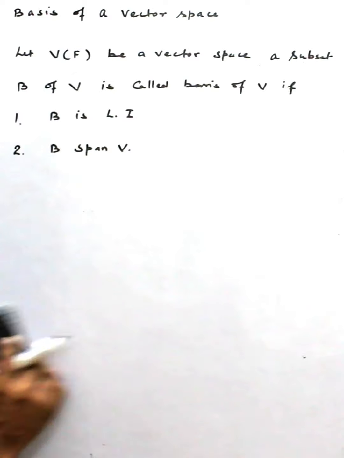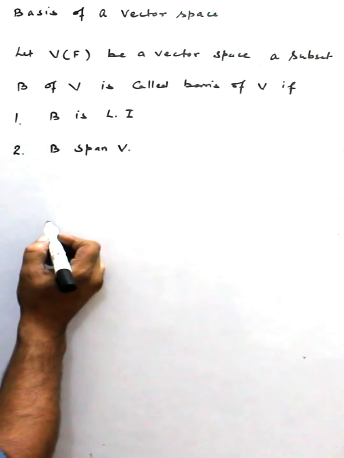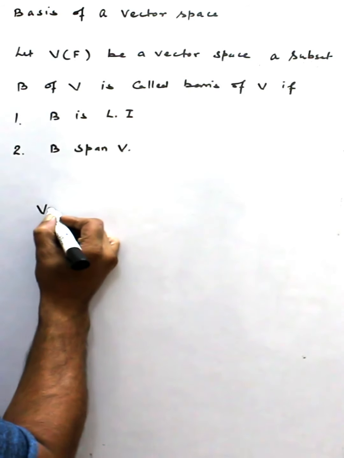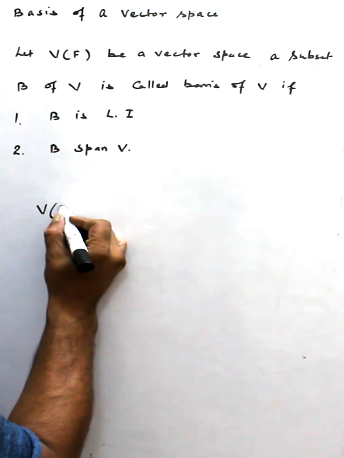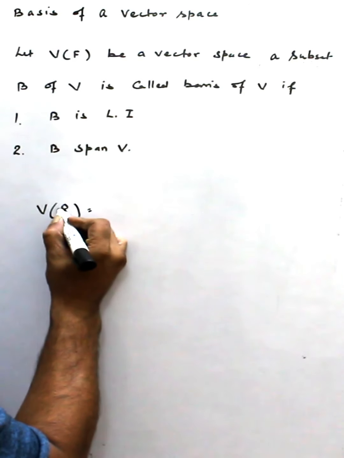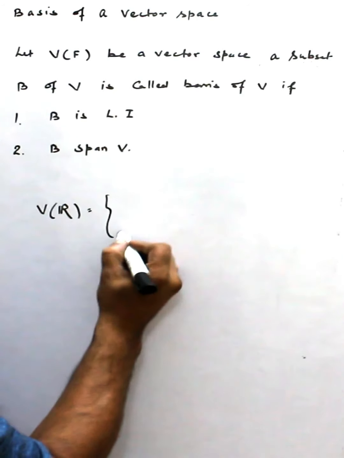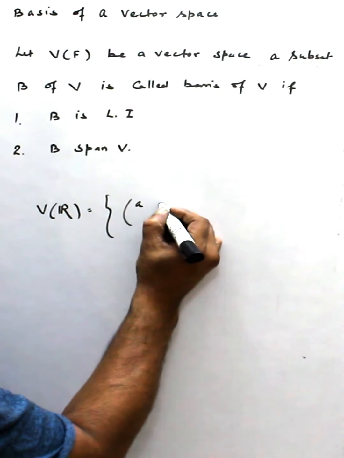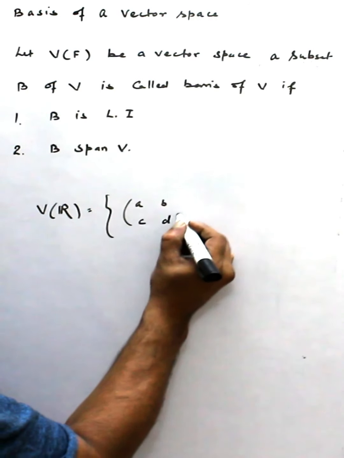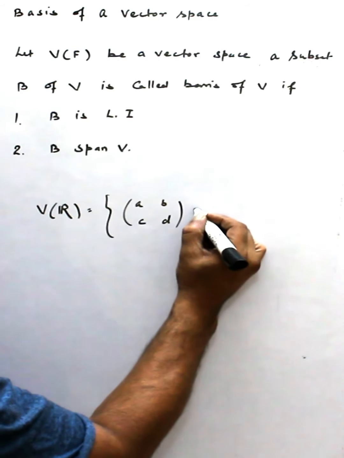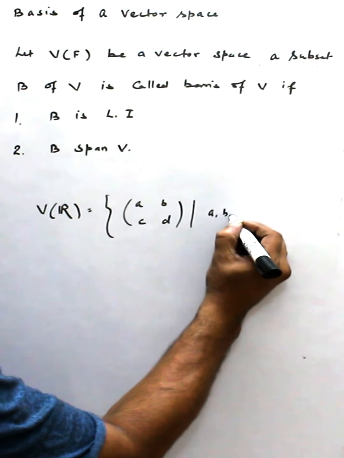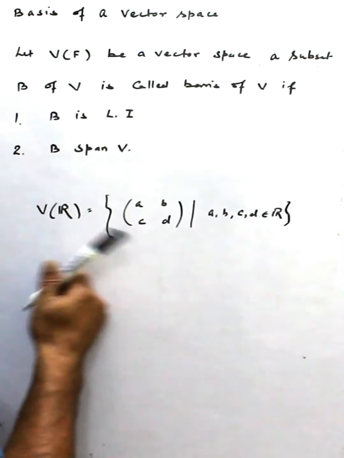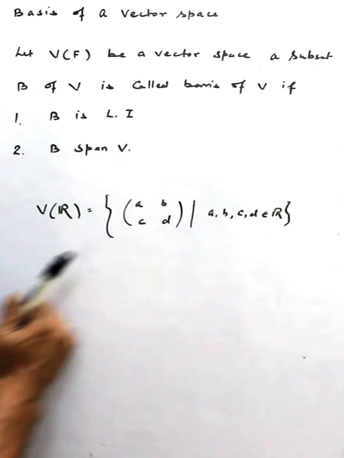Now from dimension we can say what is the dimension of a vector space. Let V over R, where R is the real numbers, be the set of 2 by 2 matrices (A, B, C, D), where A, B, C, D belong to R. Obviously, we can show that this is a vector space.